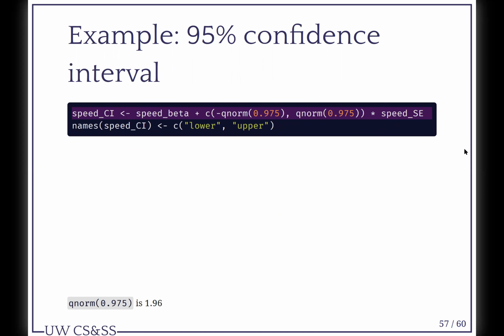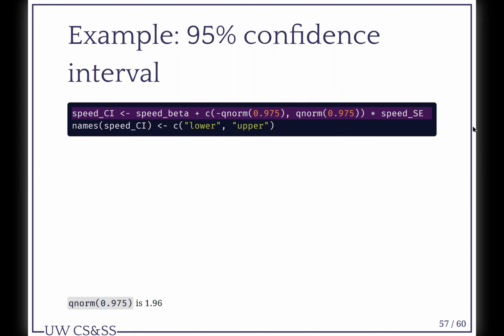An example of why we'd want to do that is, let's say we want to conduct a 95% confidence interval using our speed standard error. So let's make an object called speed underscore CI, and we'll assign it that speed beta that we got out by chaining all of those subsets together. And then we add a vector that takes from the normal distribution a negative 0.975 and a positive 0.975.